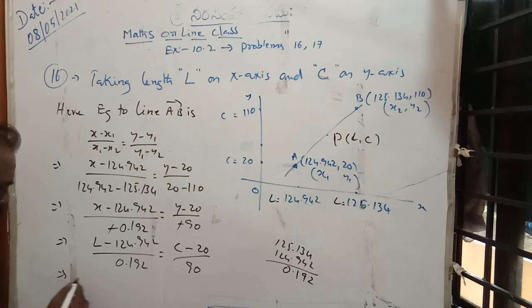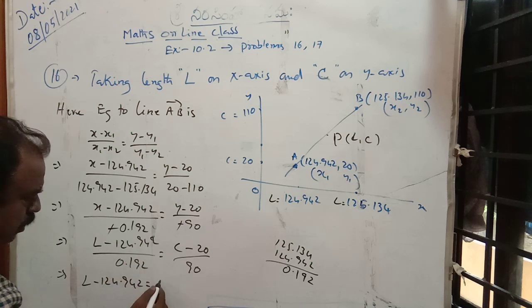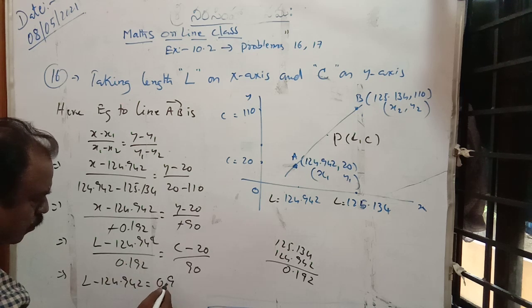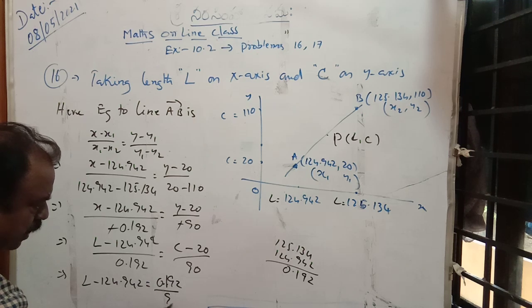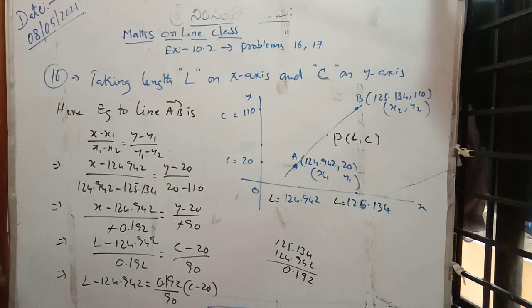So L minus 124.942 is equal to 0.192 by 90 of (C minus 20).